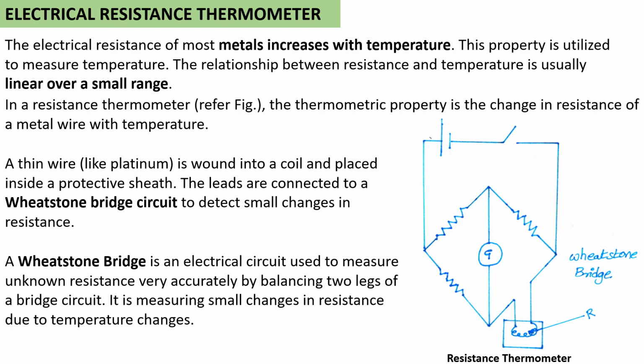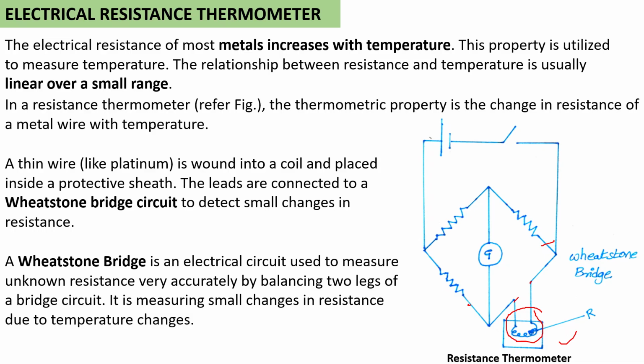The figure shows the resistance thermometer. Here observe a thin wire, generally platinum wire, wound in a coil and placed inside a protective sheath. The leads are connected to the Wheatstone bridge circuit to detect small changes in resistance.